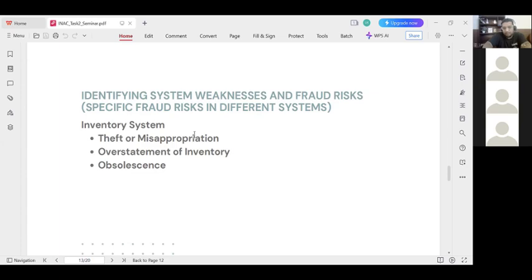Then we have overstatement of inventory. And this is a very common problem. Many companies which are going through financial problems, the first thing they are going to do is rig their inventory valuation.